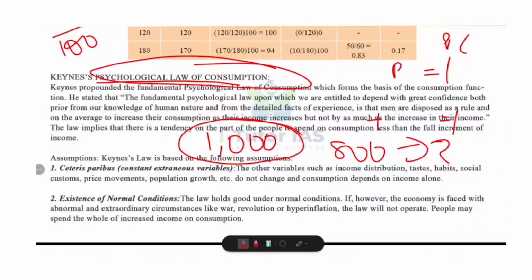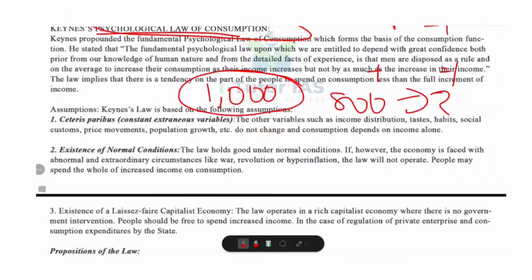Why did Keynes call it psychological? Because it is based on human behavior, how people naturally think and act when they get more income. It's a natural human tendency to spend more to improve lifestyle, but also save for the future. Okay, so consumption and savings both increase with income, but consumption increases less rapidly.